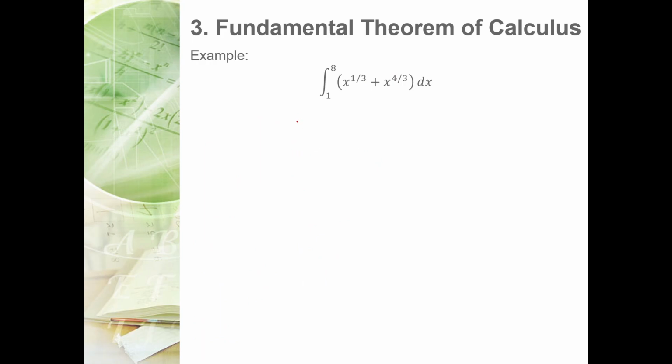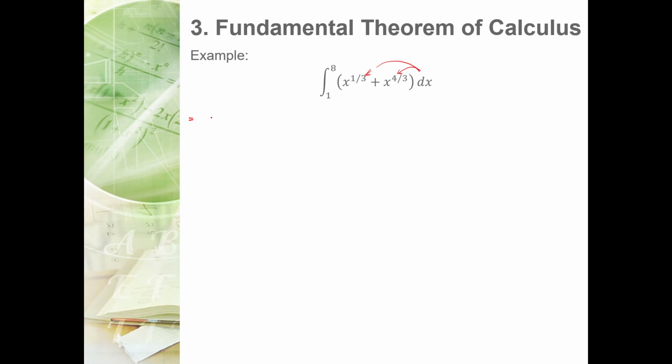So this time we have the integral of x to the power of 1/3 plus x to the power of 4/3 dx from 1 to 8. Again, we always start off by getting the integral of the individual terms. Since we have two terms, we'll be getting the integral of x to the power of 1/3, and the next one is the integral of x to the power of 4/3.